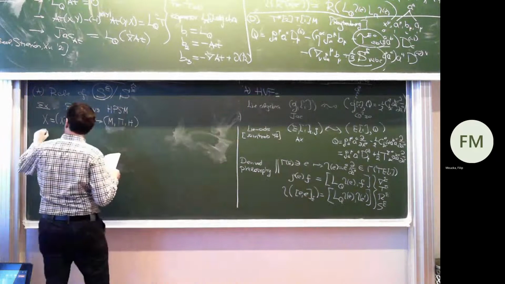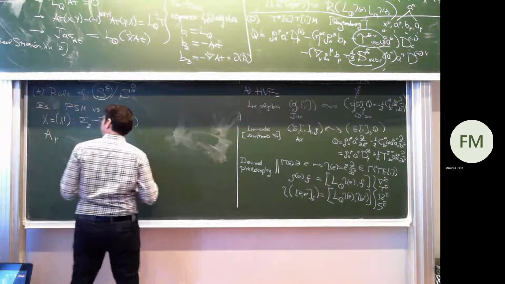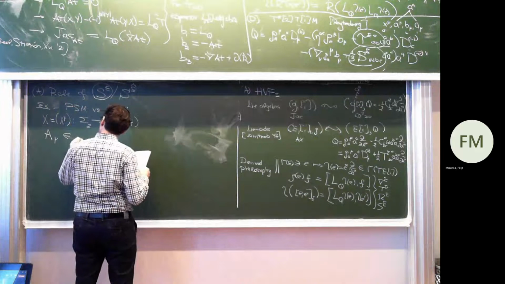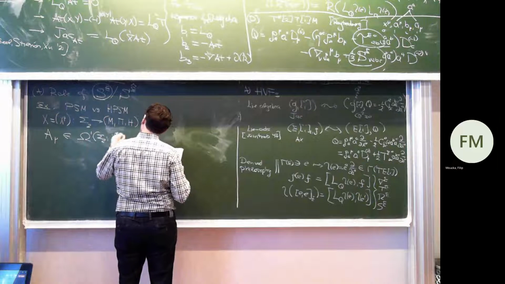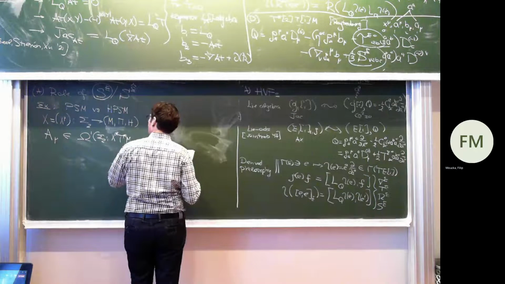Now, moreover, the other field that we have is a one-form. So this is a one-form on sigma, with values in the pullback of the cotangent bundle of the target space.